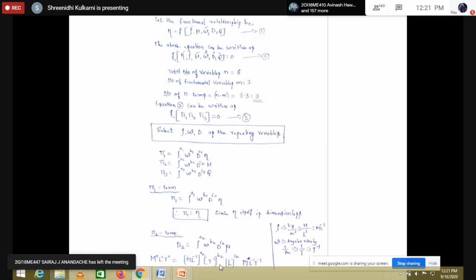This newton we can write in terms of kg meter per second square, into second per meter square. I think you have the conversions, right? So directly I will tell it in the form of MLT.